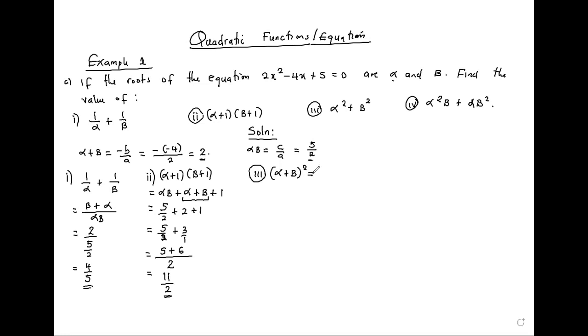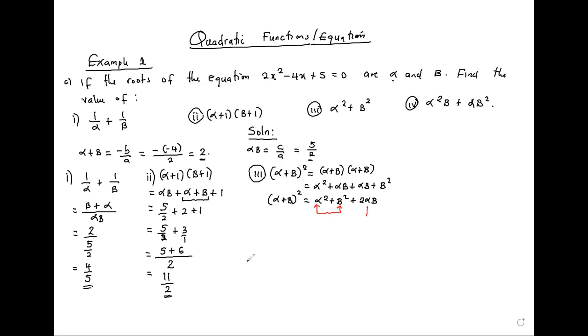If we square the sum, it's the same as multiplying the sum by itself, giving us alpha squared plus alpha beta plus alpha beta plus beta squared, which is alpha squared plus beta squared plus 2 alpha beta. This is equal to alpha plus beta squared. The question is asking us to find alpha squared plus beta squared.